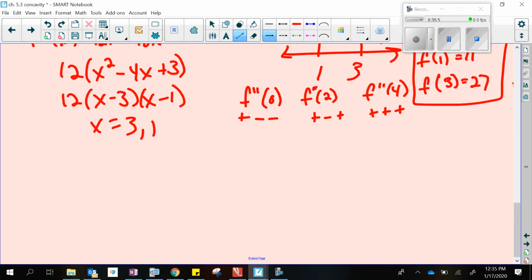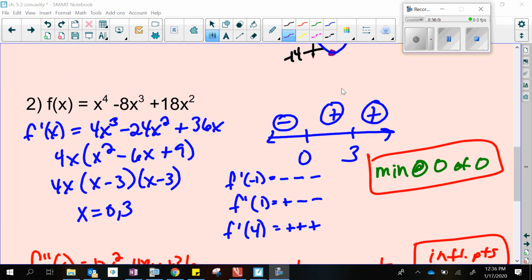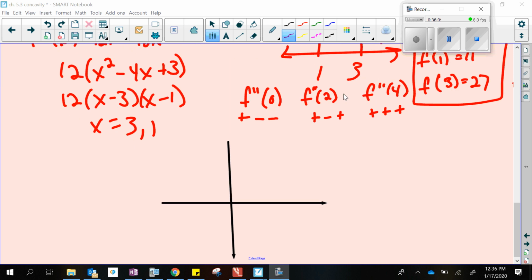So the graph will look like this. We're going to have a min at (0, 0). At (1, 11), we have an inflection point.